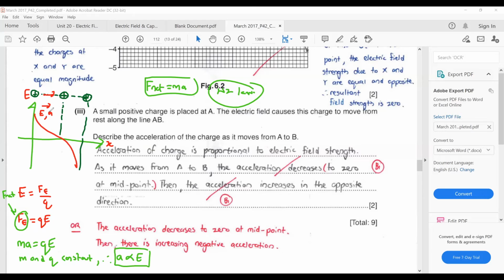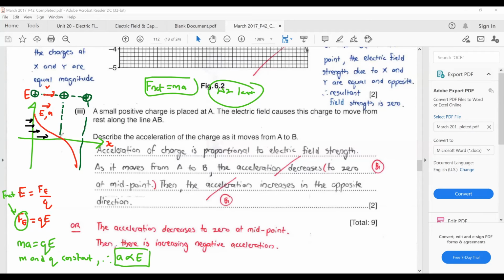But at the same time, my a will also be in the same direction because E is proportional to a. So now I move from here to here. My a is in the same direction also, but the magnitude is decreasing. So I can say that the acceleration is decreasing. As I am moving from here to here, my acceleration is decreasing. It decreases to 0 at midpoint.